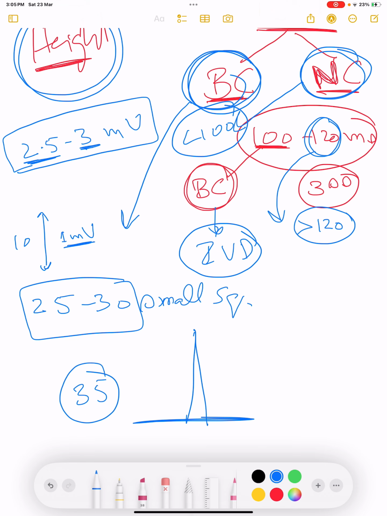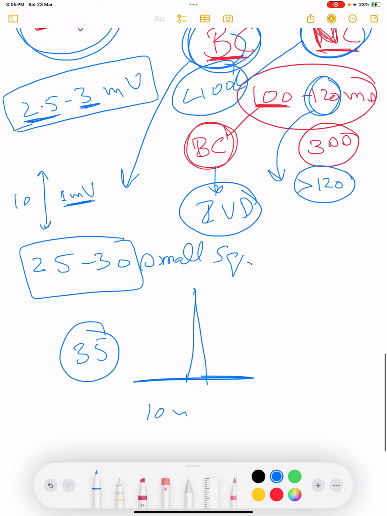Similarly, if the height is less, for example 1 millivolt, which means almost 10 small squares, this will be a small height of QRS complex, and this will show different types of abnormalities.